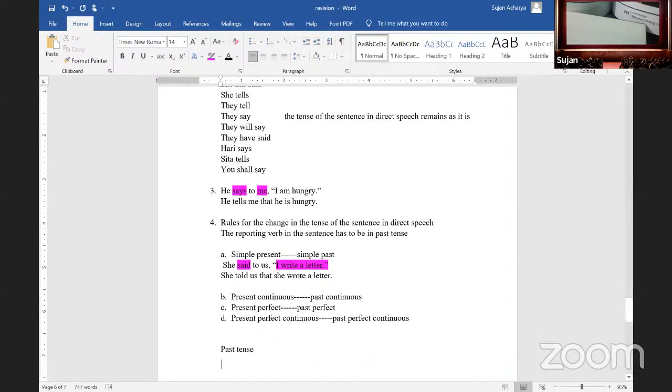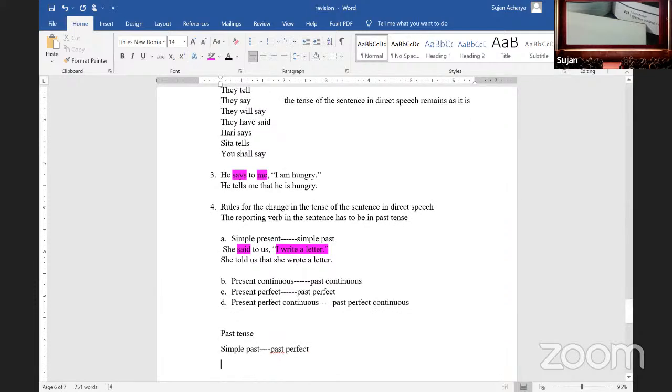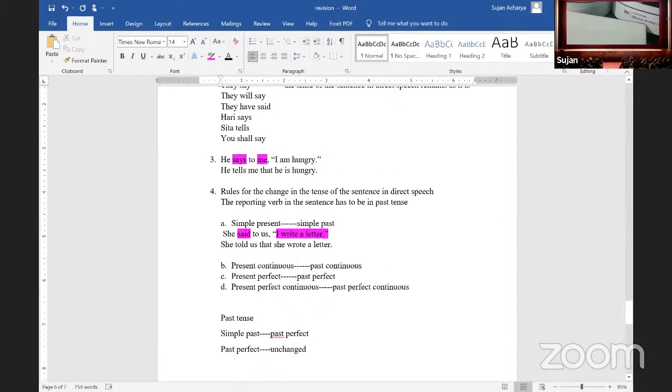If the sentence in direct speech is in simple past, it changes into past perfect. Simple past changes into past perfect. Past perfect remains unchanged. It remains past perfect as it is.